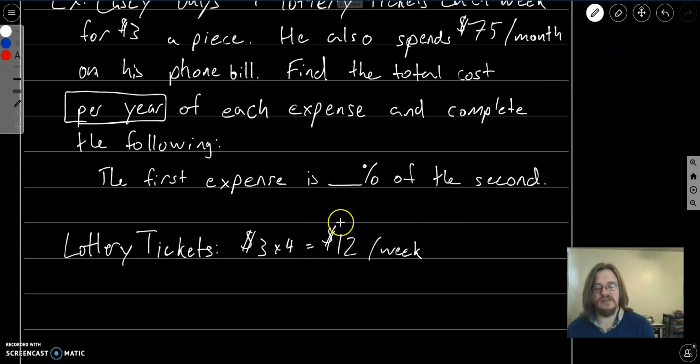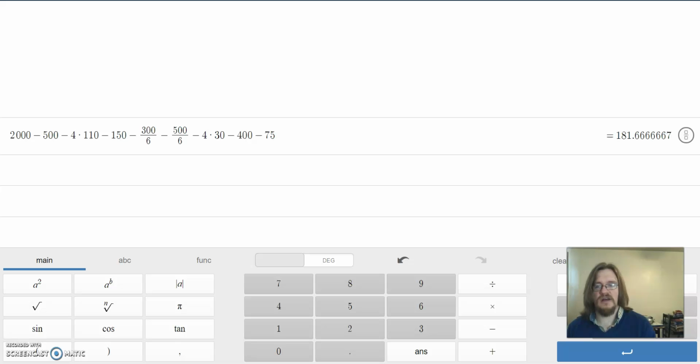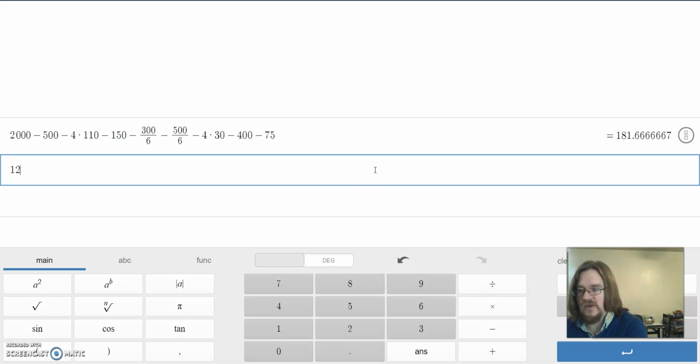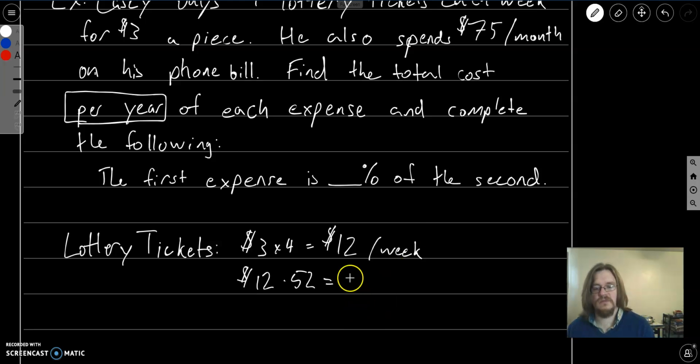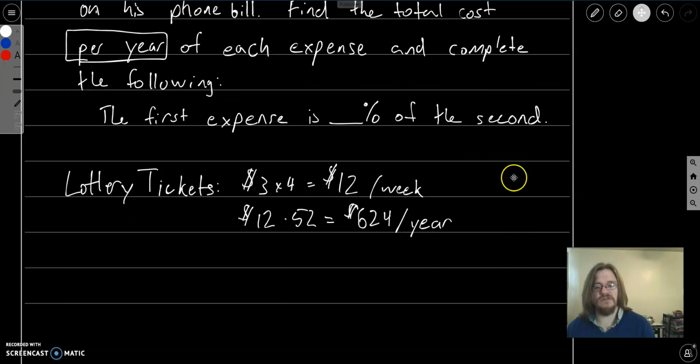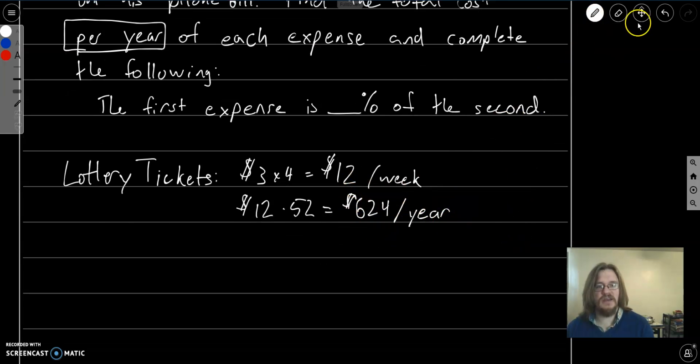So if I'm spending $12 each week, and there's 52 weeks per year, I will take $12 times 52, and I can do this over here, 12 times 52, and that gives me 624 dollars every year on lottery tickets. They add up after a while. Okay, so my first expense, well that's done.